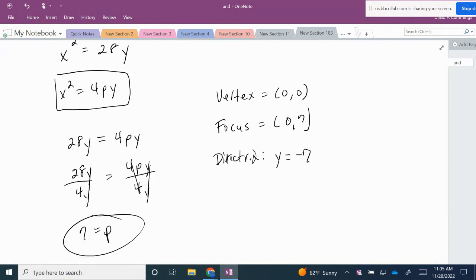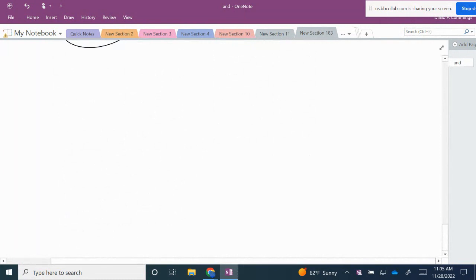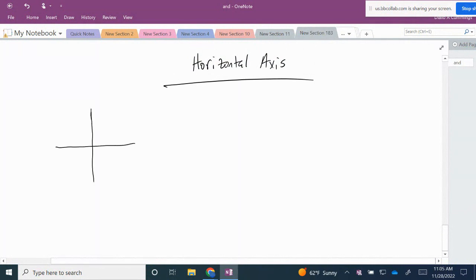All right, now we're going to look at parabolas with the horizontal axis. And we have two types. So we have a C shape. Okay.